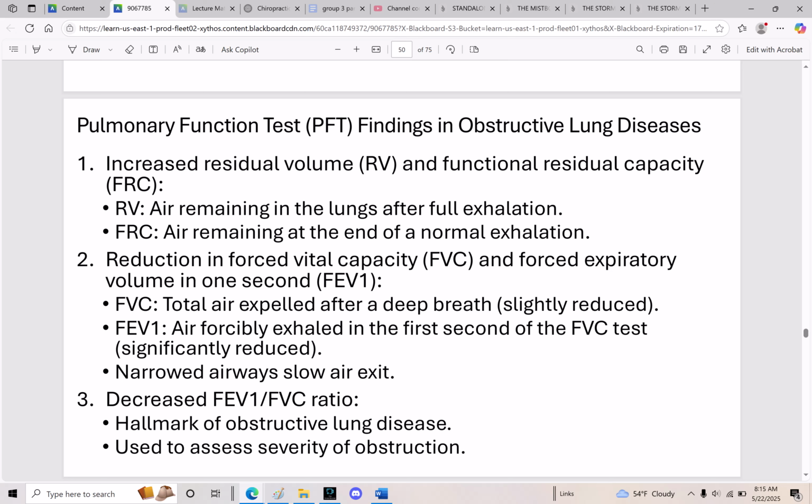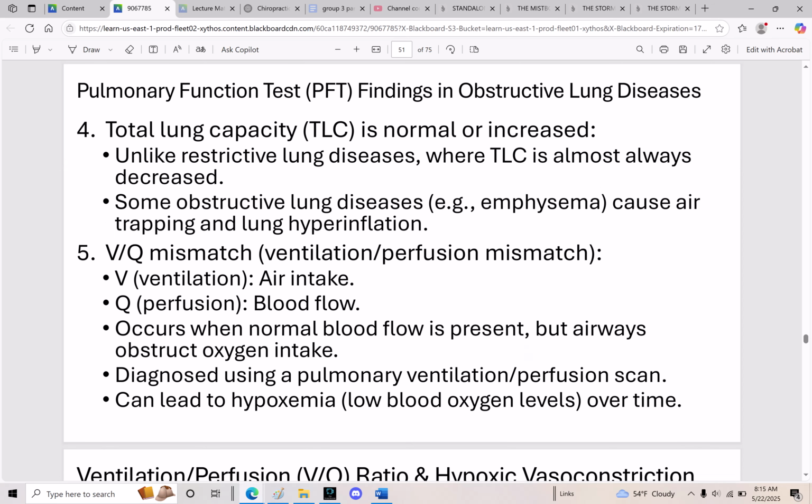That's the whole idea here. The total lung capacity, the TLC, is going to be either normal or in most cases increased. Now, in restrictive lung diseases, the TLC is almost always going to be decreased because these are the people who are not able to breathe in. They are not able to take the air in.